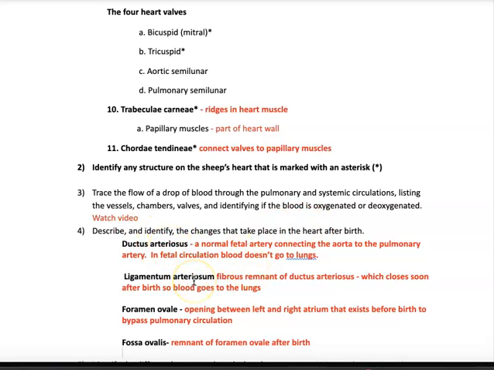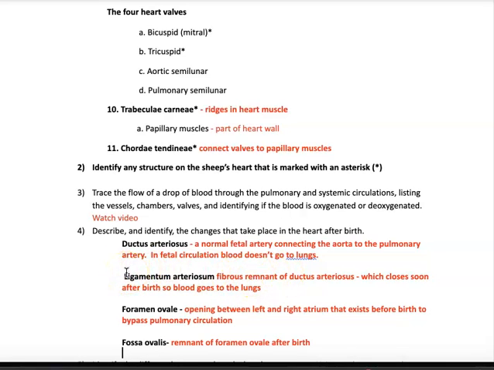Right after the baby is born, the lungs start to function. We then don't want all the blood going into the aorta. We want blood going to the pulmonary artery that's going to take blood to the lungs. So that tissue will become a fibrous remnant. It will shut off.